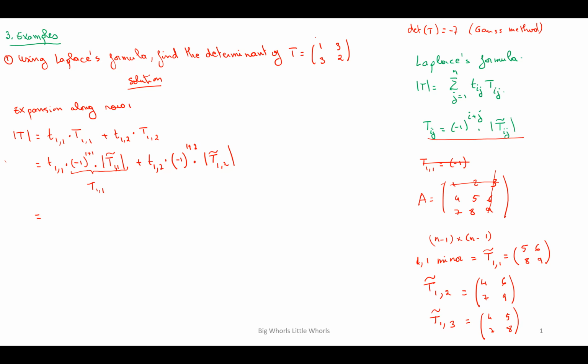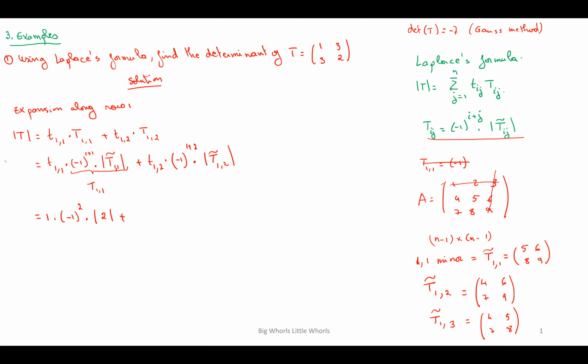The entry 11, first row, first column, is 1, multiplied by -1 to the power of 2, multiplied by the determinant of the matrix we get after deleting the first row and first column. We'll be left with just 2, and the determinant of a scalar is that scalar.